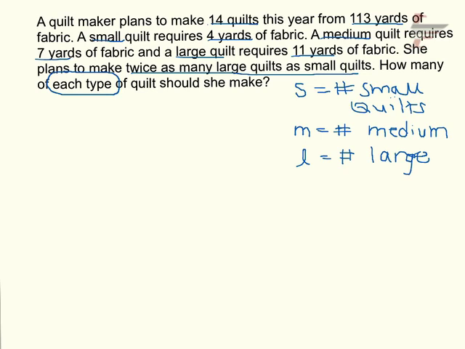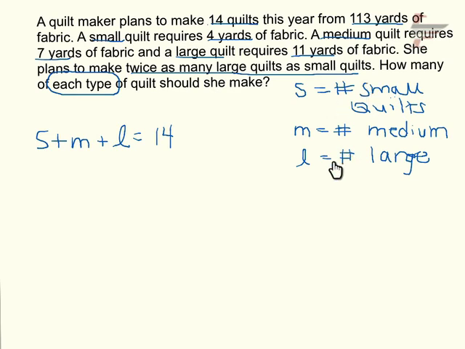A quilt maker plans to make 14 quilts this year. I'll stop there. Well, S, M, and L are the number of quilts, and you know that she needs 14 altogether. So that's pretty easy. Small plus the number of medium plus the number of large quilts have to total 14. And she's going to use 113 yards of fabric. Well, the variables, again, aren't in yards.